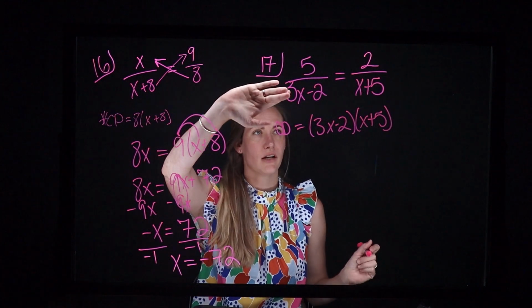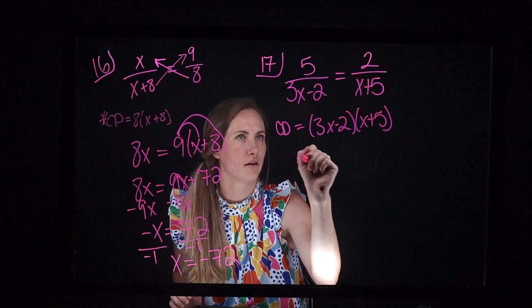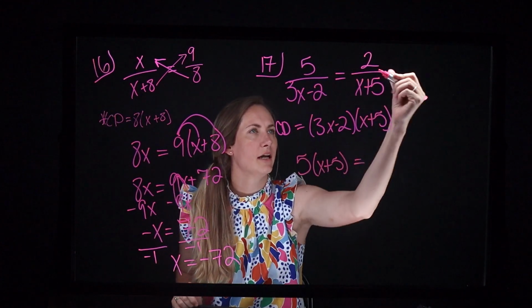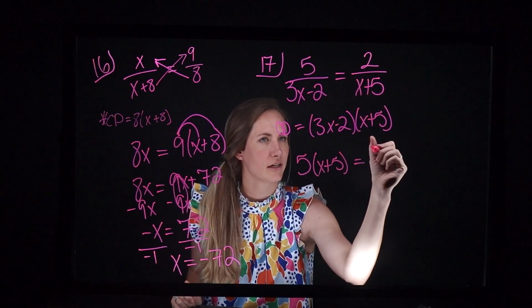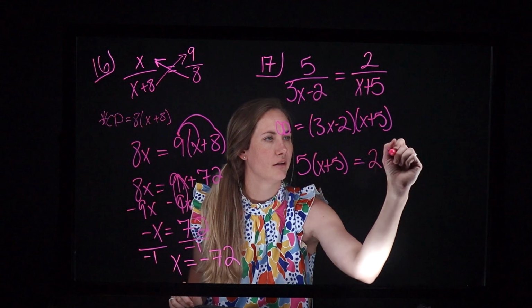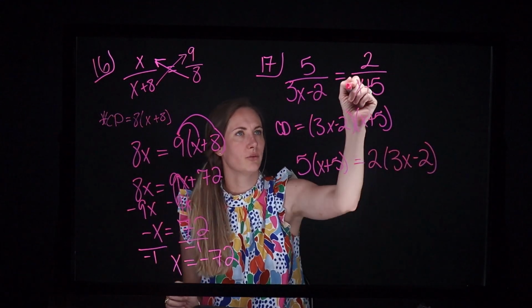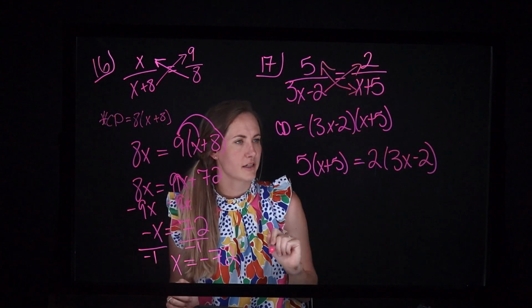So for this side to be over the common denominator, we'd have to multiply it by x plus 5. So I'm going to have 5 times x plus 5 equals, and then for x plus 5 to be over the common denominator, we'd have to multiply it by 3x minus 2. So I'm going to have 2 times 3x minus 2. So we did 5 times x plus 5 and 2 times 3x minus 2.